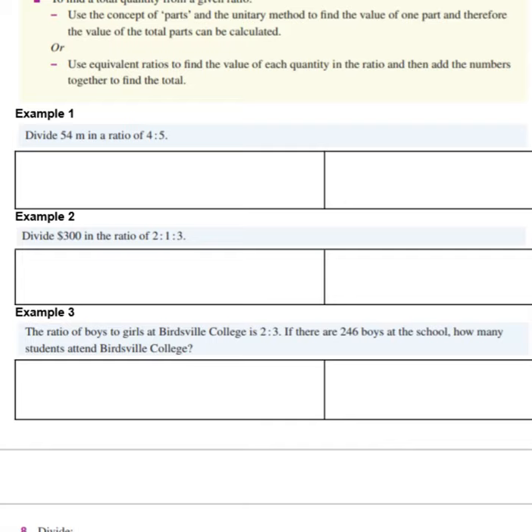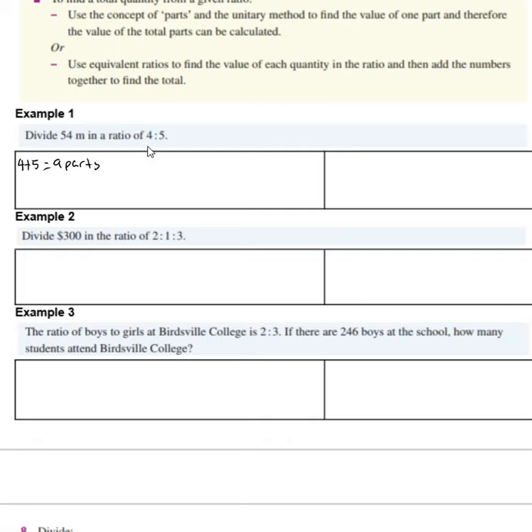So example 1 says, divide 54 meters in the ratio 4 to 5. So automatically I'm going to say, well, how many parts do I have in my ratio? I've got 4 plus 5. So I've got 9 parts in the ratio.